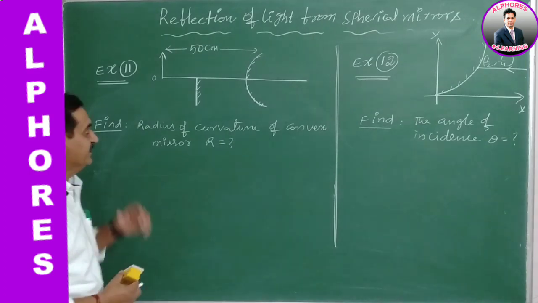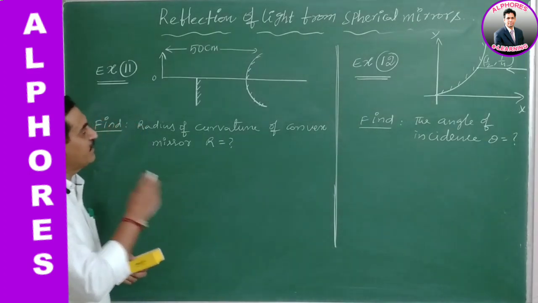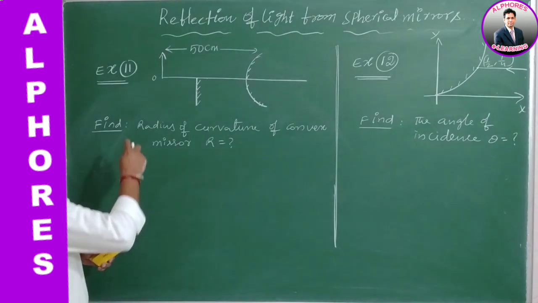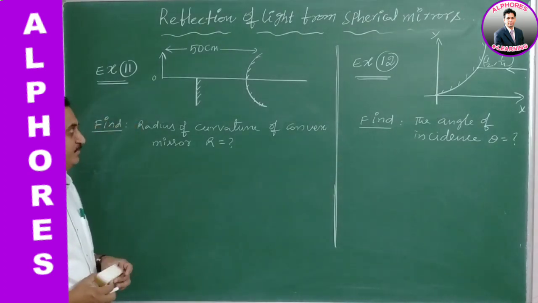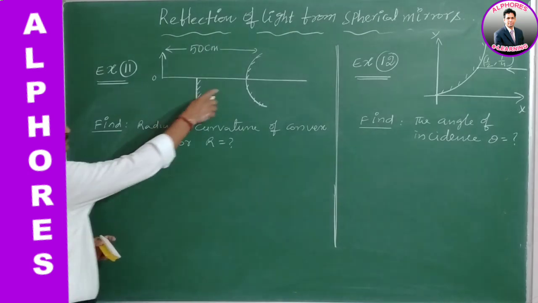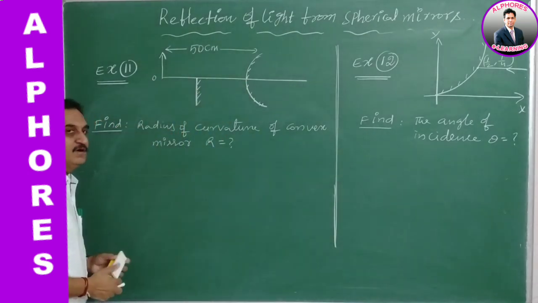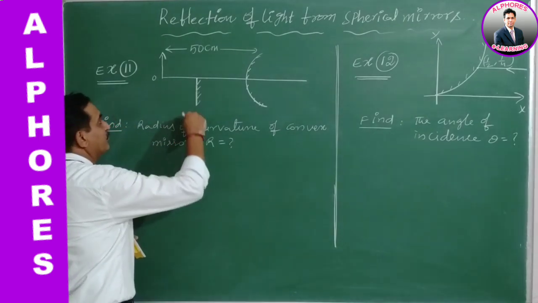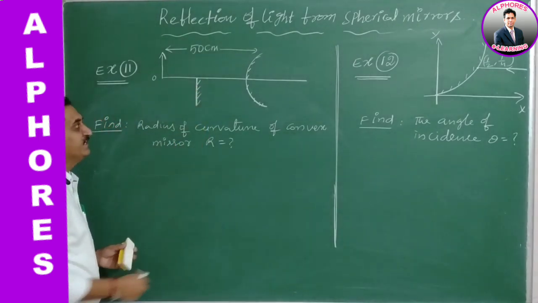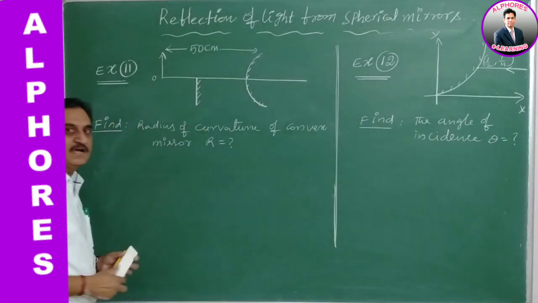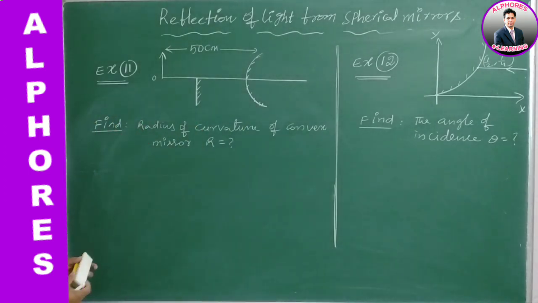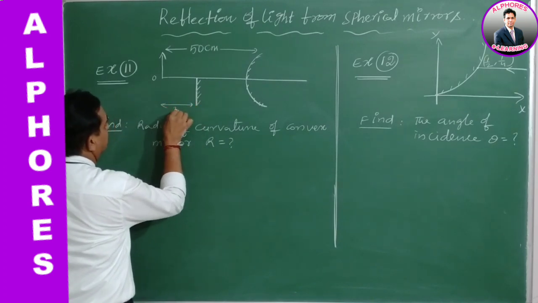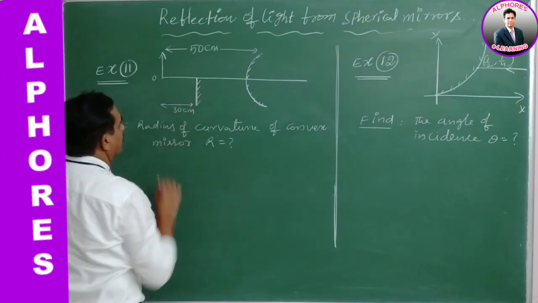The data given in it is a convex mirror and an object is kept at a distance of 50 centimeters from it, as shown in the diagram. Now, a plane mirror is kept below the principal axis and it half covers the convex mirror, at a separation of 30 centimeters from the object.